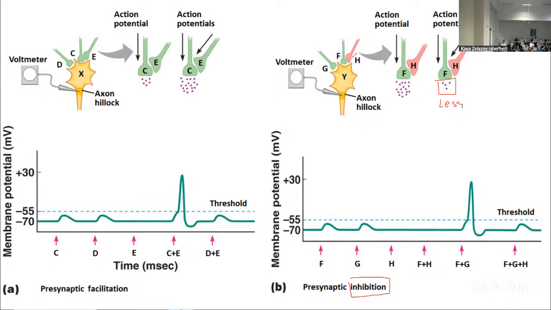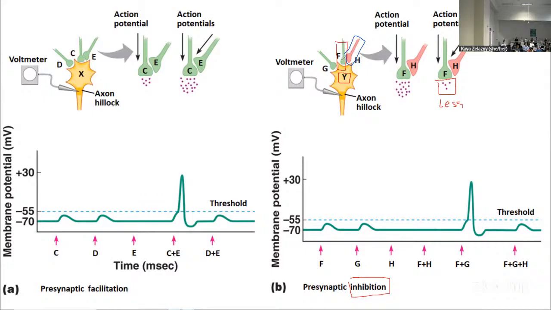F and H are our two neurons that are linked up together in this modulating situation, right? So here we see F as a presynaptic neuron acting on Y, and then H is our modulating neuron acting on F out to the side.